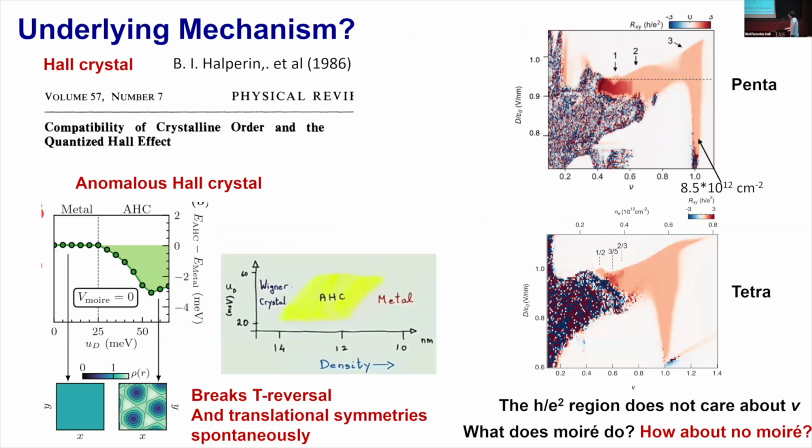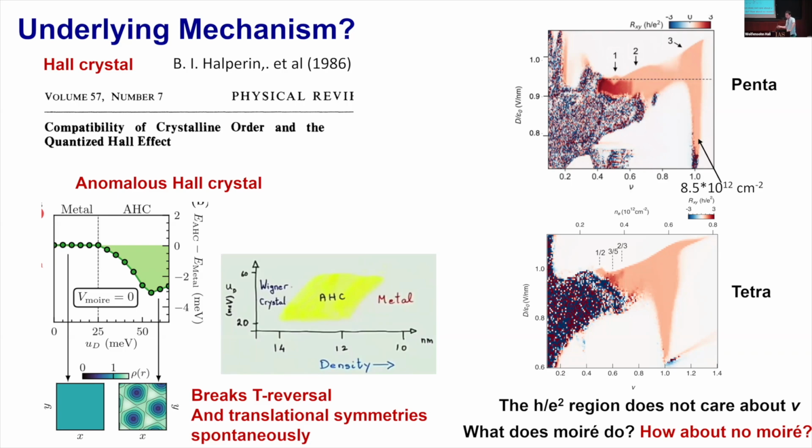There's another picture to think about what's going on here: this concept of Hall crystal, first came up with by Bert Halperin in the case of the fractional quantum Hall at high magnetic field. So he's asking whether you can break translational symmetry and time reversal symmetry. Okay, I guess in that case, time reversal symmetry is broken by magnetic field anyway.